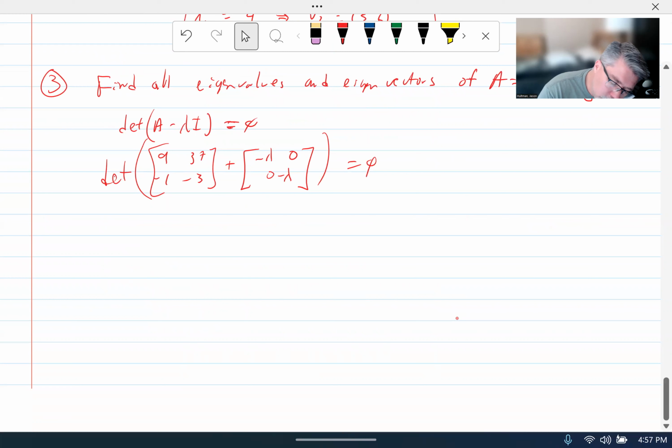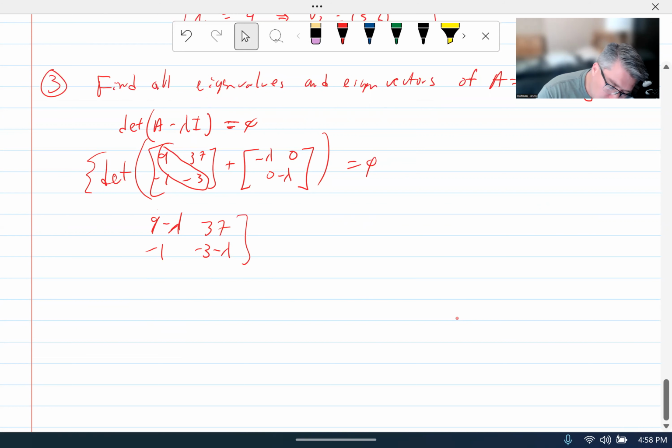Okay, and so this is going to be 9 minus lambda. I know that I'm just going to subtract lambda along the diagonals. So if I just subtract lambda along this diagonal here, I'm going to get A minus lambda I. So this is 9 minus lambda, 37, -1, and -3 minus lambda.